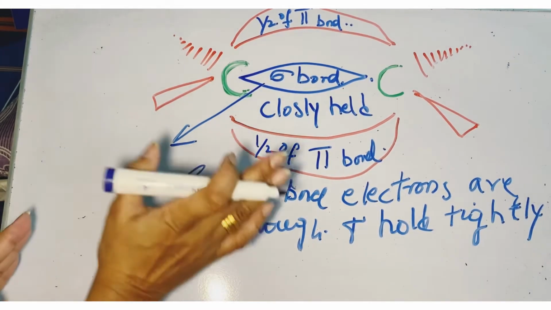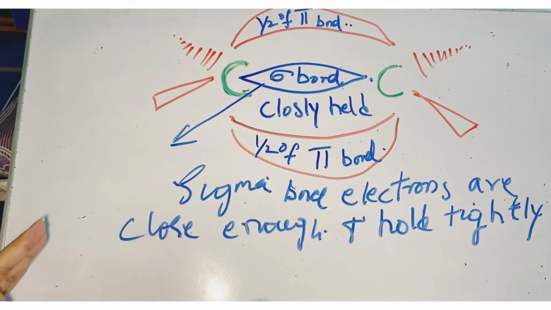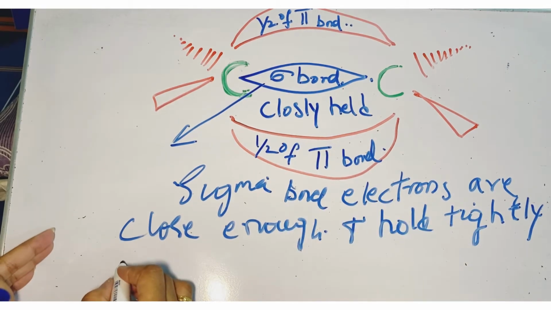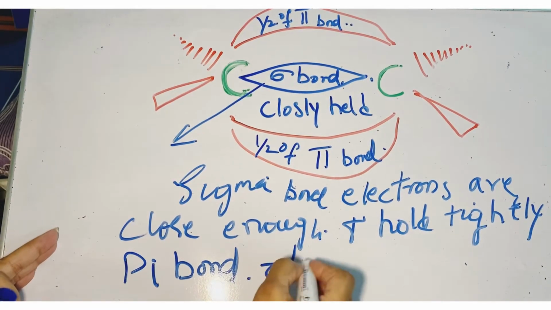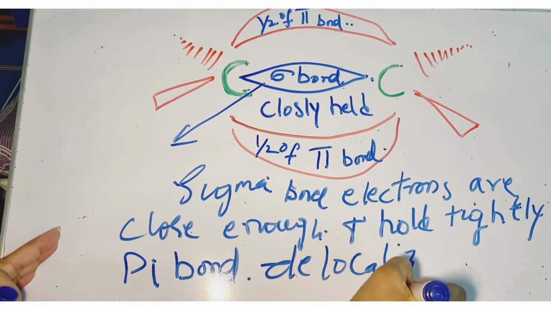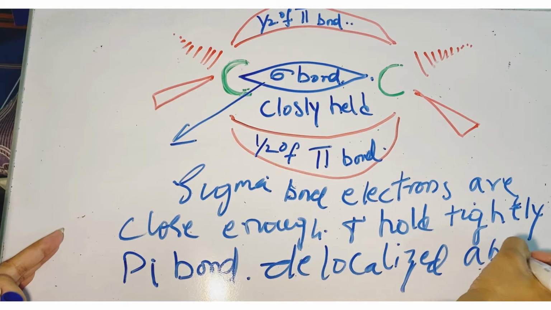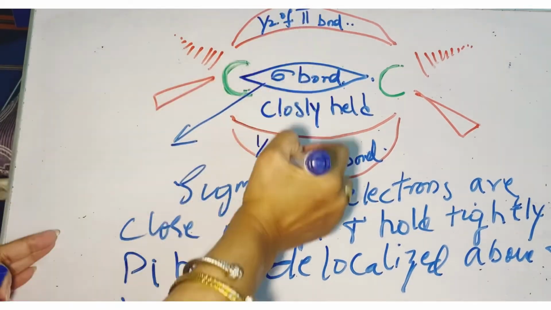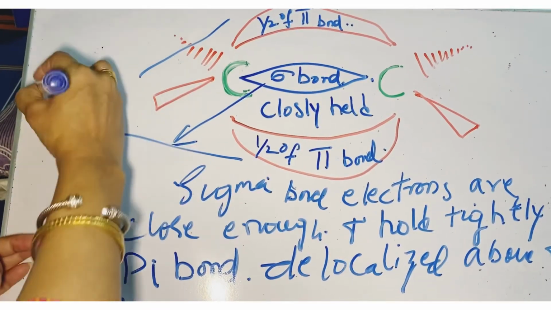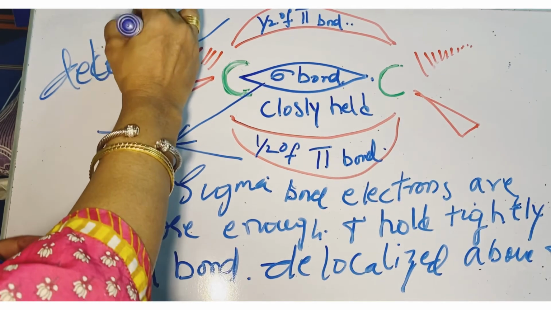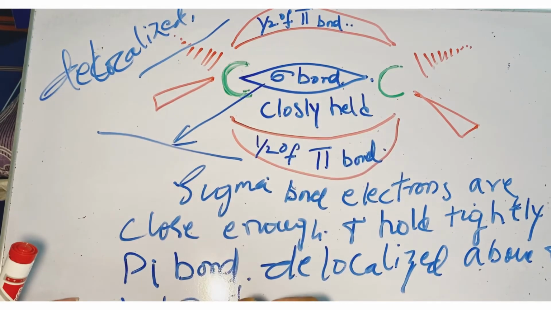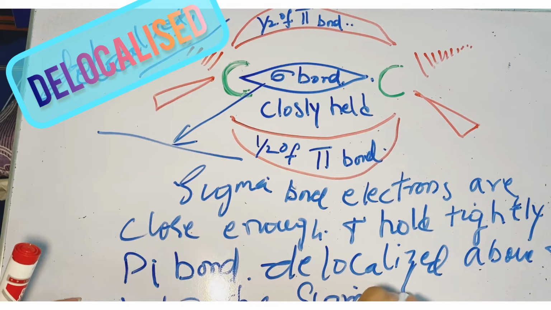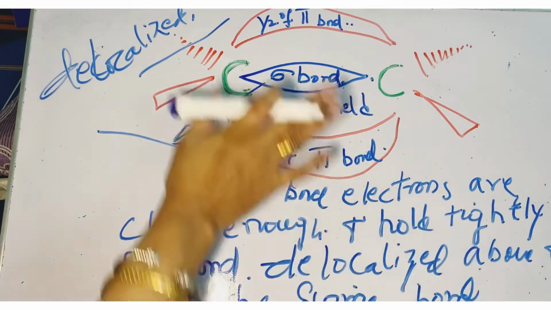Here I'm explaining that sigma bond electrons are close enough and hold tightly as compared to the pi bond, which is delocalized above and below the sigma bond, as you can see in the figure.